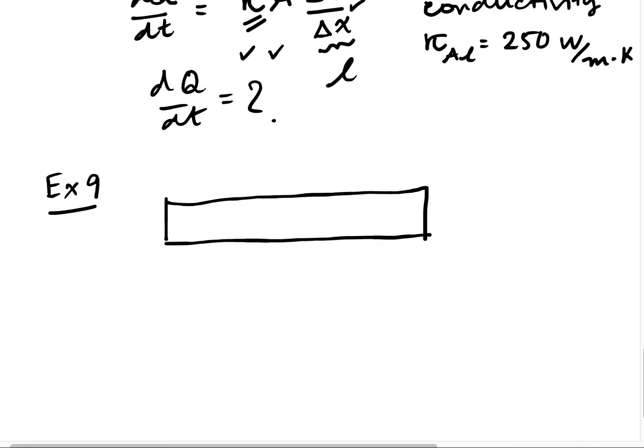Then we have another rod here. One part of this is steel, and another part of this is copper. They say that the copper part is 2 times the length of the steel part, so just write down x and 2x.